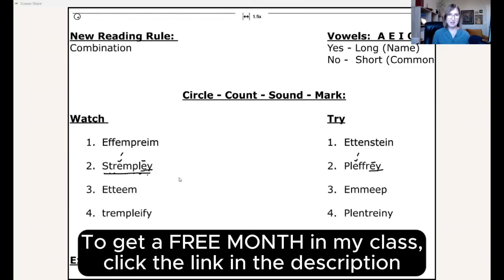You can tell because of the tap 2 rule. The E has another vowel after it. That Y is a vowel if it's not the first letter. So our sounds are P, L, E, F, R, E. Accenting that first syllable, we have plethry. Give me a Y or an A for yes or almost.